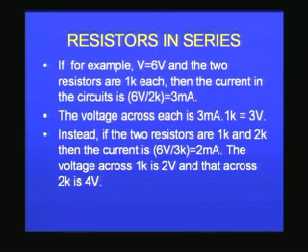In this case, because it is 2 plus 1, 3000 ohms I have in the circuit, 6 volts by 3000 ohms gives me 2 milliamperes, and that means the total current in the circuit is 2 milliamperes, and the voltage across 1K therefore will be 2 milliamperes into 1K, which is 2 volts, and that across the second resistor 2K is 2K into 2 milliamperes, which is equal to 4 volts, as you can see. And therefore series resistors have the same current flowing through them and they divide voltage.